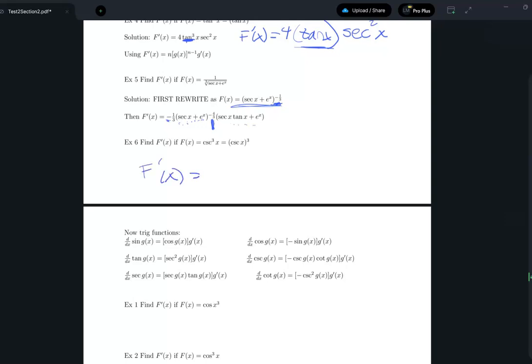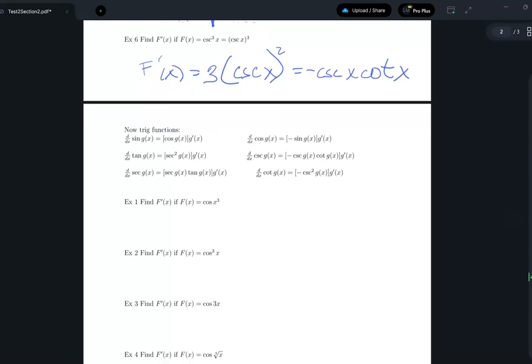It would be 3 squared, carry along the cosecant, and then the derivative of the cosecant is negative cosecant cotangent.